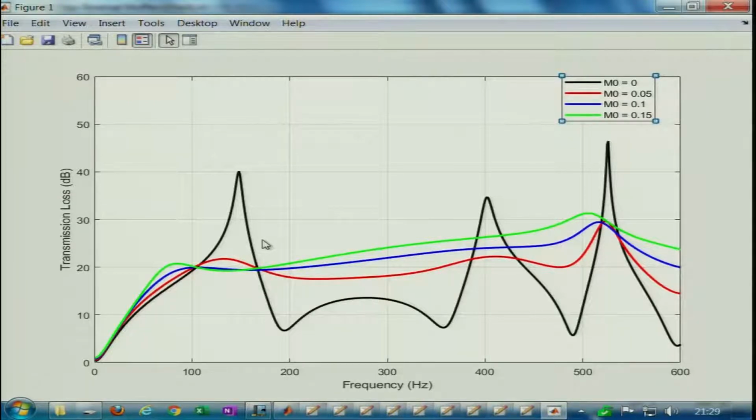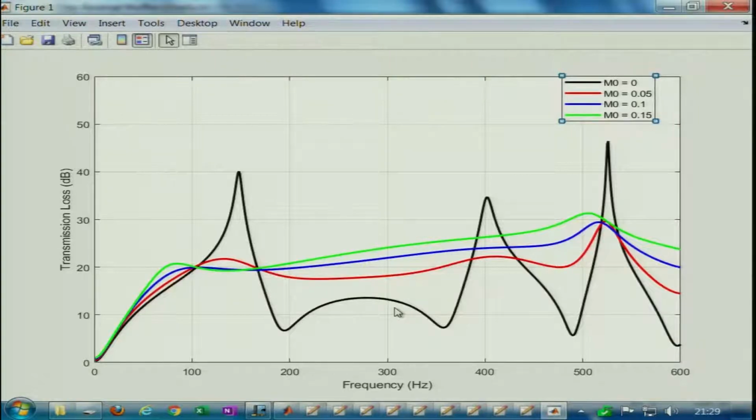But when flow occurs, the peaks definitely come down, but it has a dramatic leveling influence. So when you have 0 mean flow, the transmission loss performance can be as low as 4-5 dB at 200 hertz and continues to stay not so good in the intermediate range from 200 hertz to about 350, 380 hertz onwards.